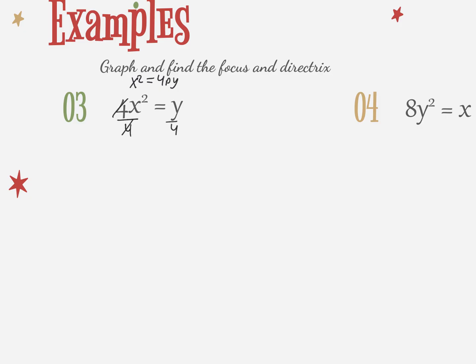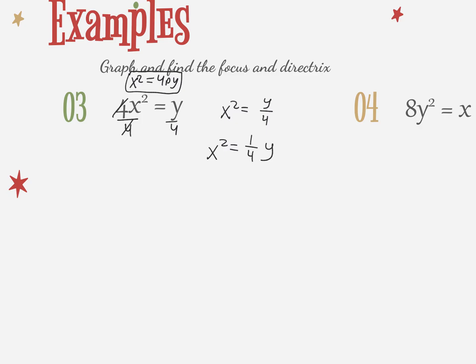All right, so a lot of you, maybe when you're doing this for the first time, are just going to leave it as y over 4. I wouldn't leave it as y over 4 because I want it to look as close to this standard form as possible. So another way to write y over 4 is, I would write x squared equals, the same as dividing by 4 is multiplying by a fourth. So I'm going to say x squared equals 1/4 y.